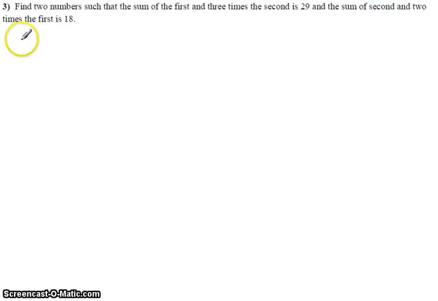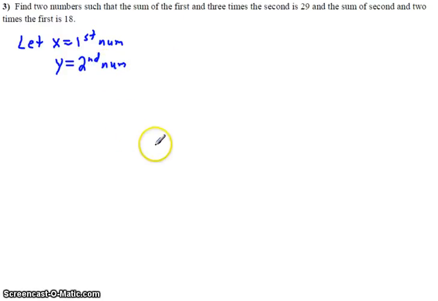So I'm going to say let x be the first number. You can use any variables you like. I'm just going to use x and y since we're not dealing with real world stuff here, and y equal the second number, just so we can keep it straight. I usually do this when it just says find two numbers.